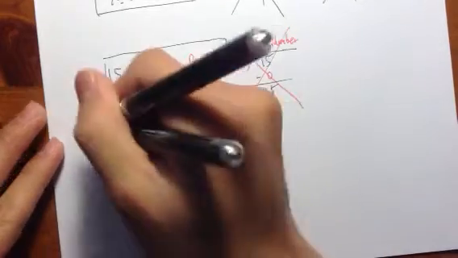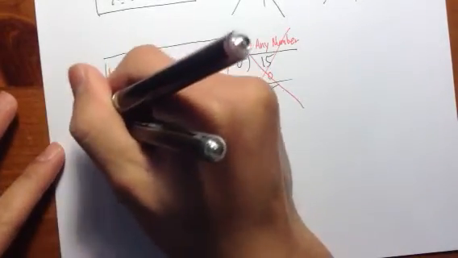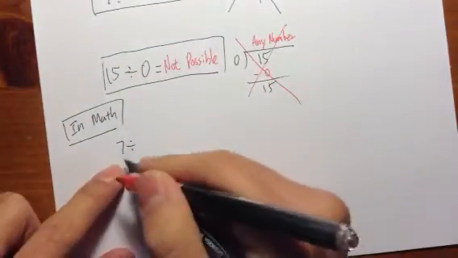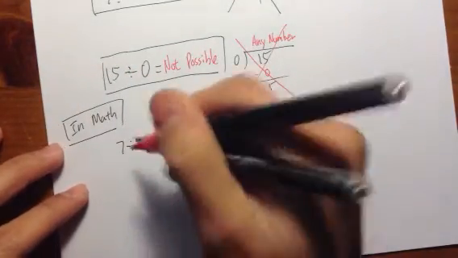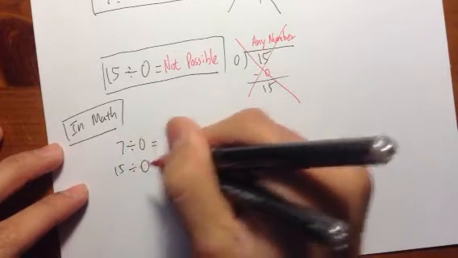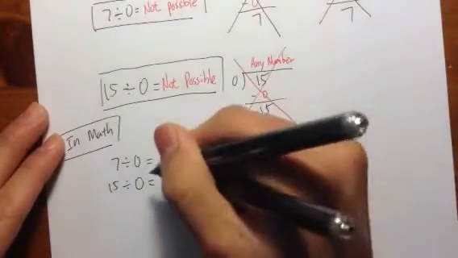So in math, we say that when you have positive numbers divided by 0, or 15 divided by 0, for example, we call this undefined.